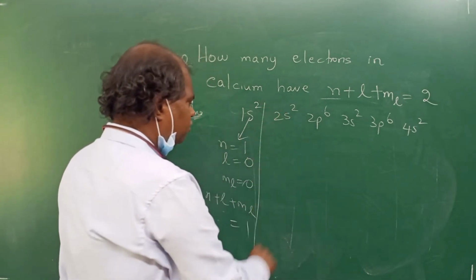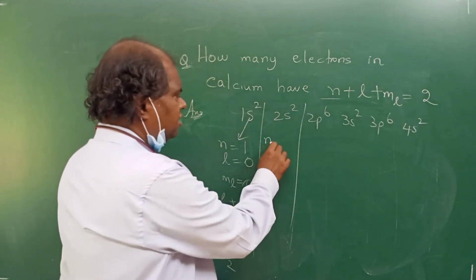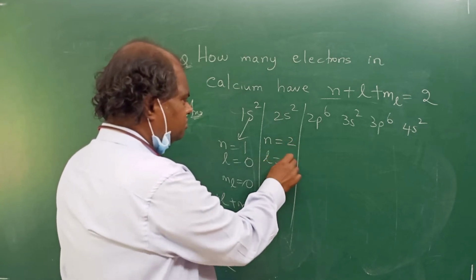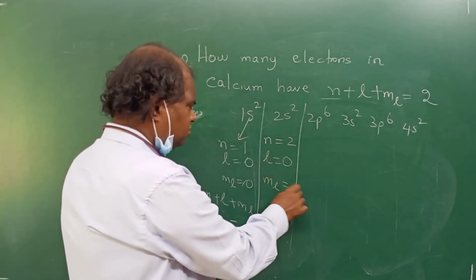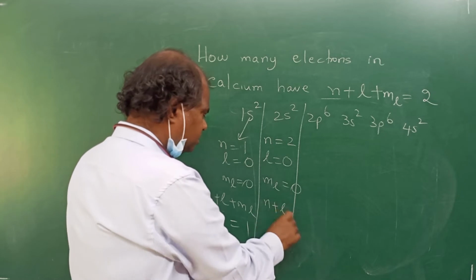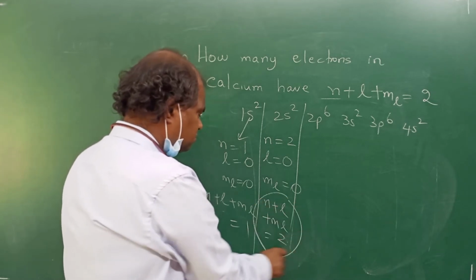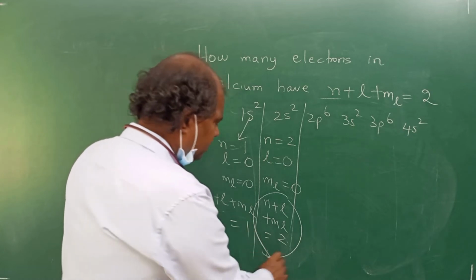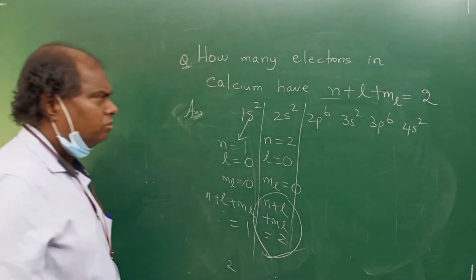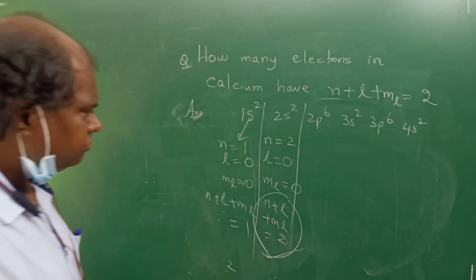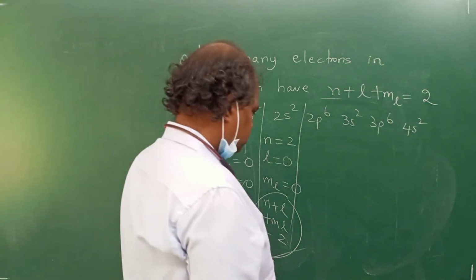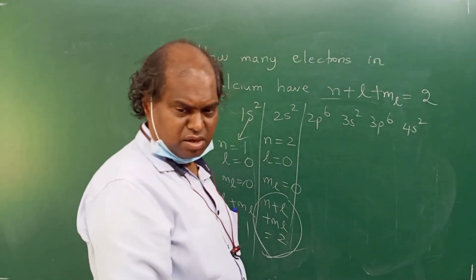Now, similarly, if you do for this, what will you get? N is equal to 2, L is equal to 0, Ml is equal to 0. Now you will get 2. N plus L plus Ml is equal to how much? 2. So you will get 2 electrons here.